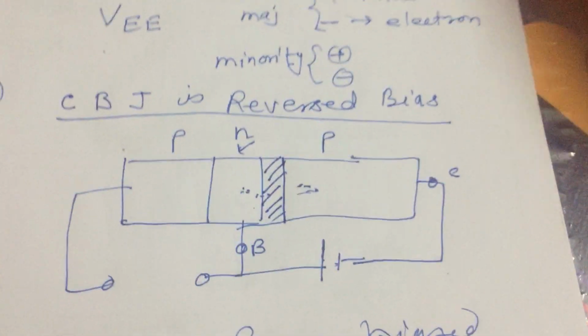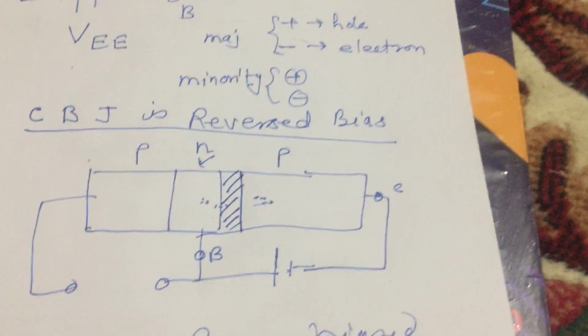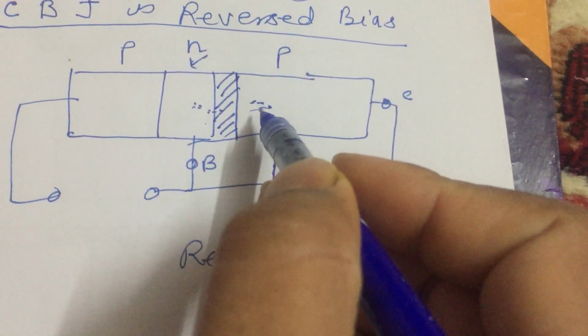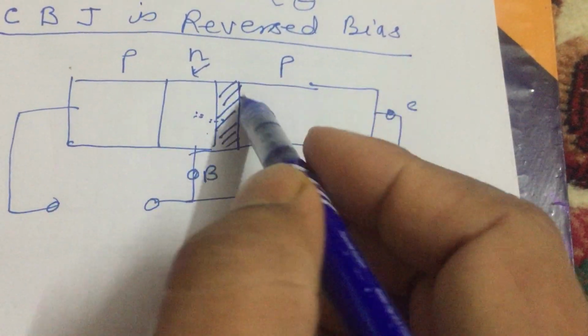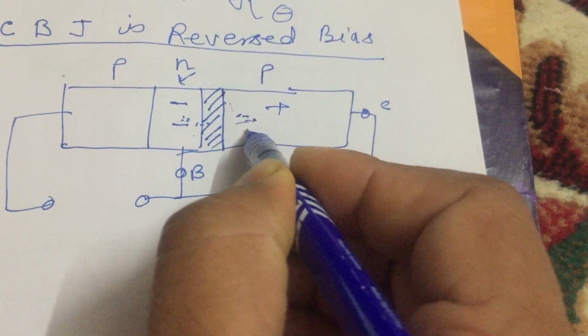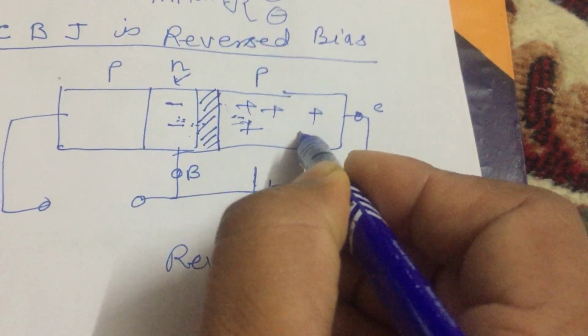Sometimes we have 4 to 3 volts. So the width of the depletion layer will become wider. Now here are electrons, some majority. Here are some holes, majority holes are there.